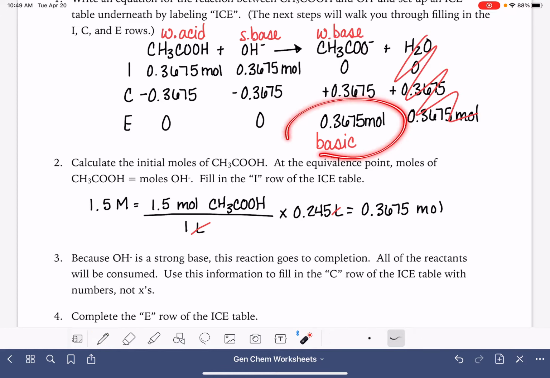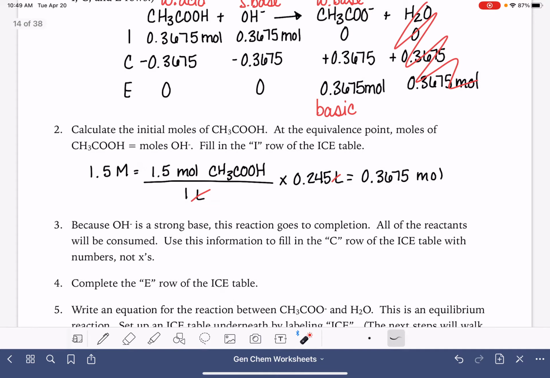Because this reaction generates a basic anion, the pH of this solution is going to be dictated by this guy right here. This product that we're making, which is basic, is going to be controlling the pH of the solution. We need to figure out what pH is going to result from the 0.3675 moles of acetate that we generate.